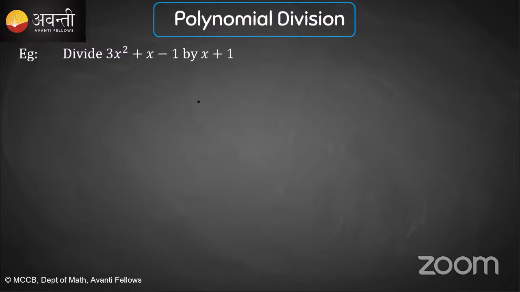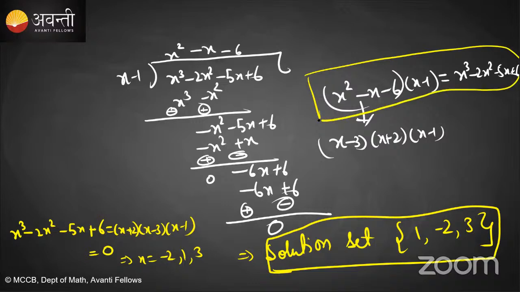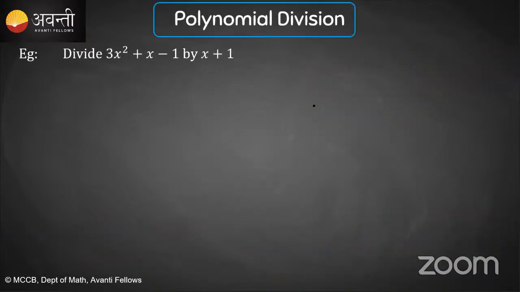Now, as I told you in this question, how did we do this question? When I write this, what I am using is one theorem that we all know, right? What is that theorem?